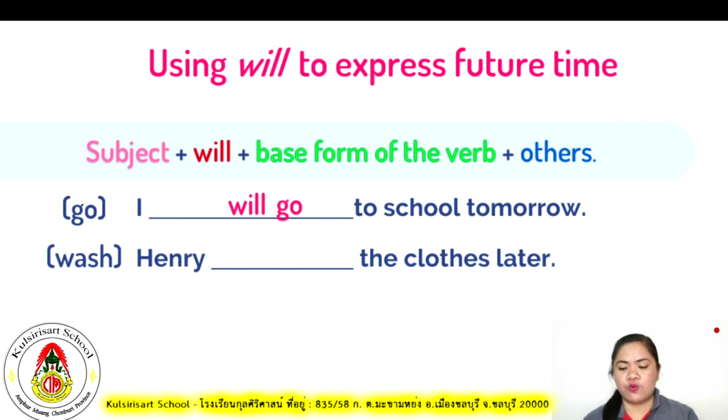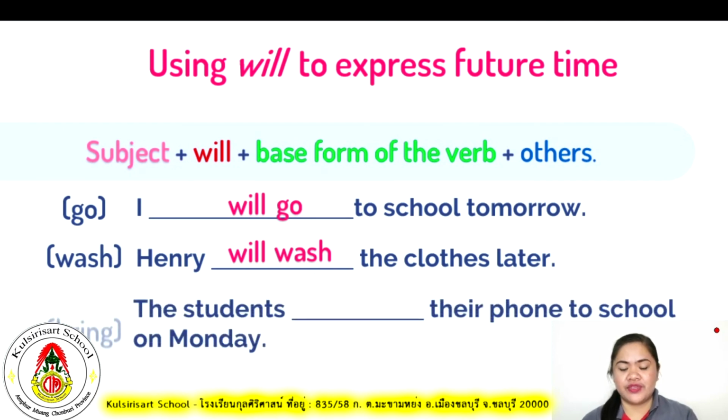So we will write will. And then what is the base form of the verb wash? Okay, very good. Still, no S, no ES, and no ED. Henry will wash the clothes later.